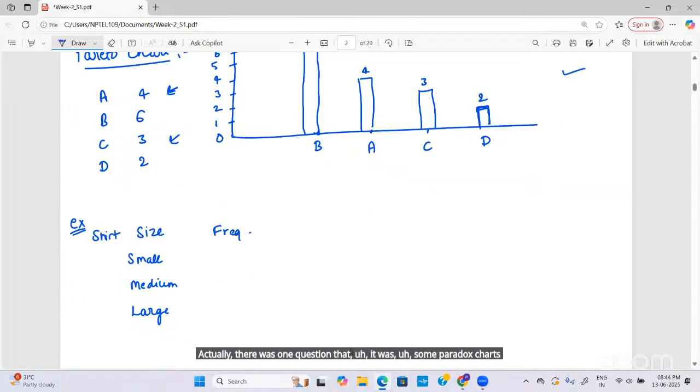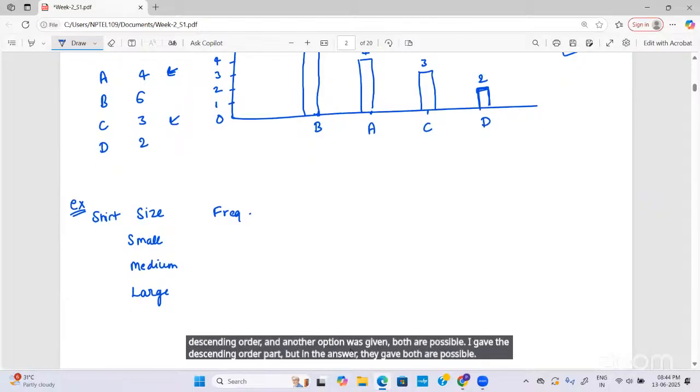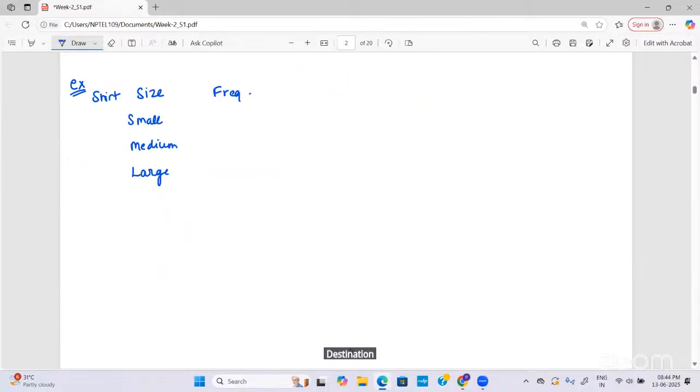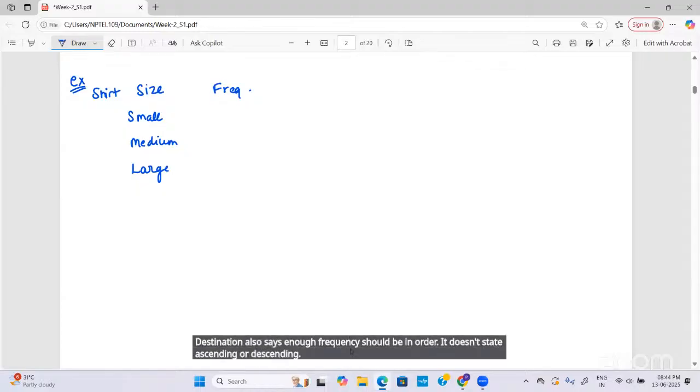In one, it was arranged in ascending order, in one in descending order, and another option was given: both are possible. I gave the descending order part, but in the answer they gave that both are possible. In bars it is descending order, and in the line it is both. The definition also says that frequency should be in order; it doesn't state ascending or descending. Okay, I'll see that.